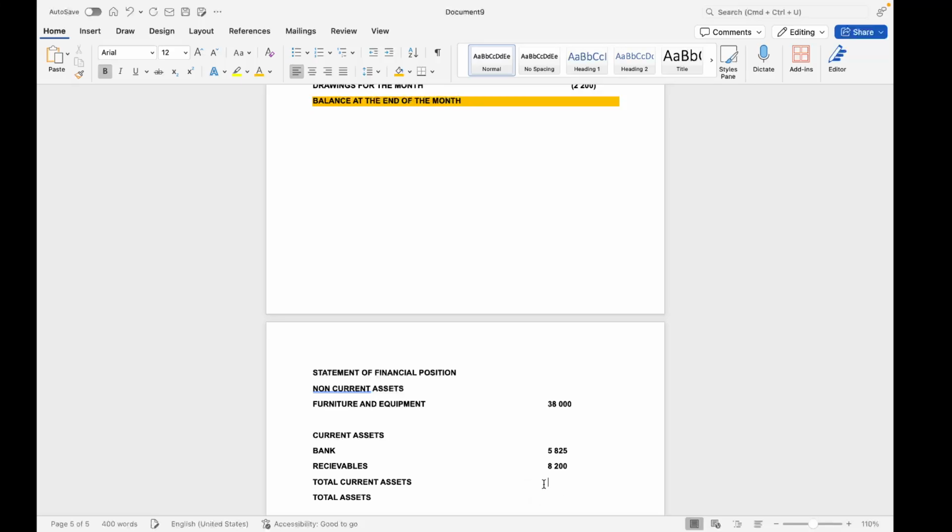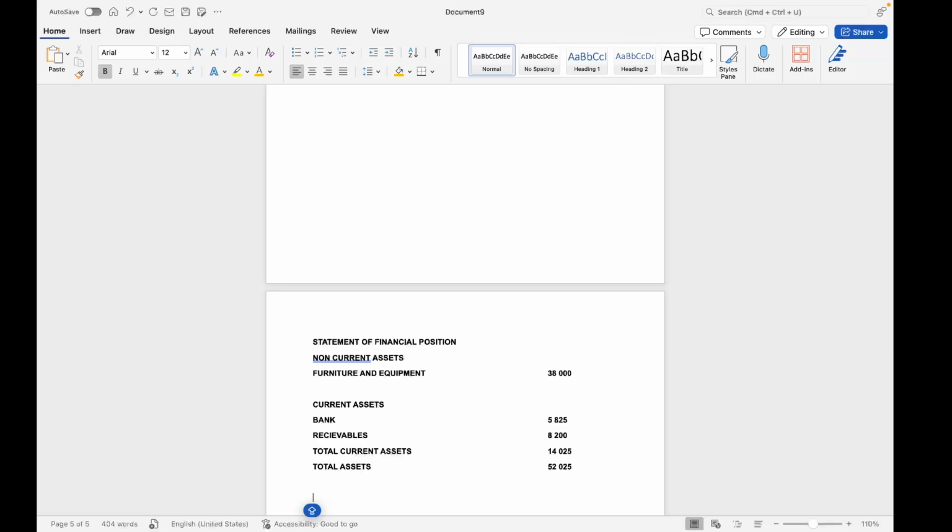Can someone just calculate this for me? 5,825 plus 8.2. 14,025. Okay. Meaning that our total assets is gonna be 38,000 plus 14,025, which is gonna give us a figure of how much? 52,025, like this.